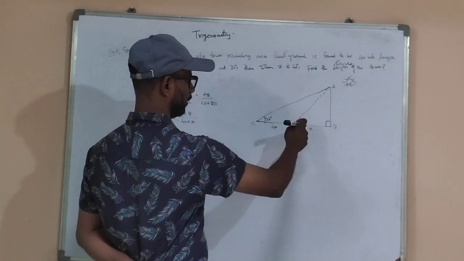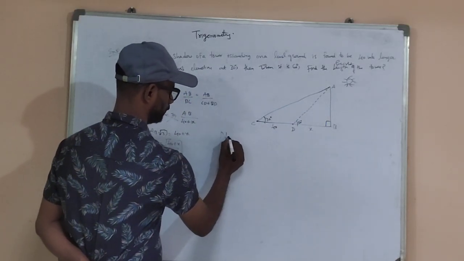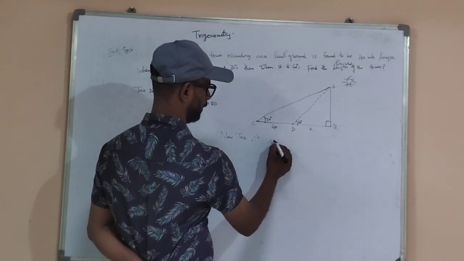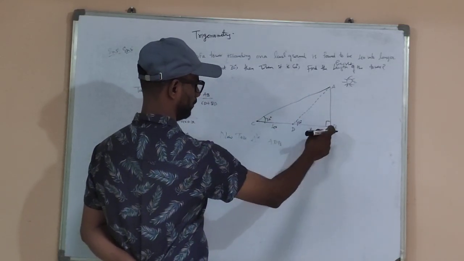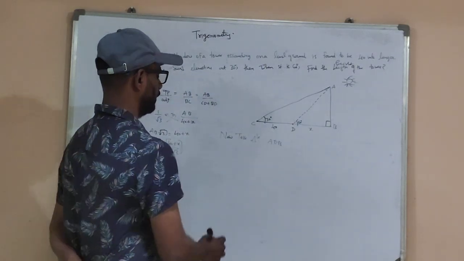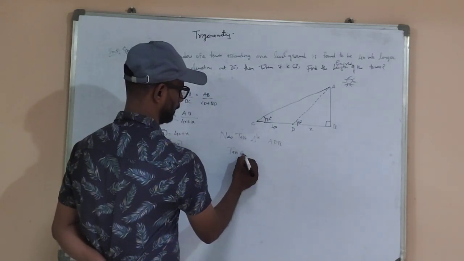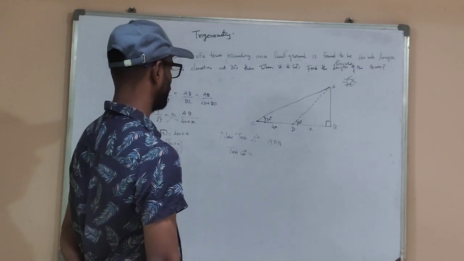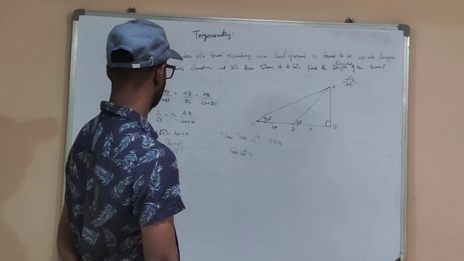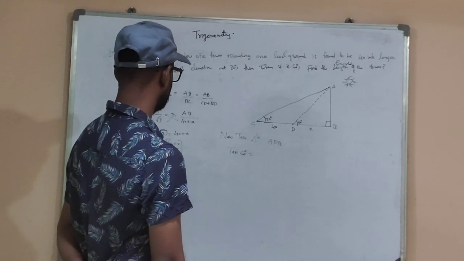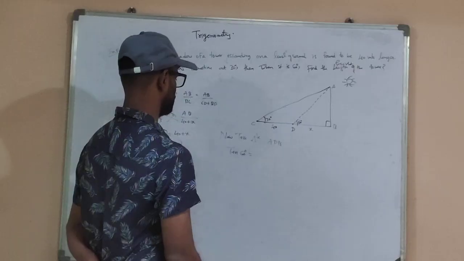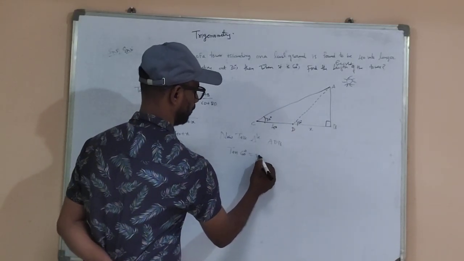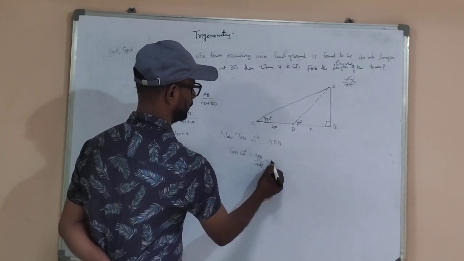Now take triangle ADB. In this we take tan 60 degrees. Tan 60 degrees is equal to opposite by adjacent.